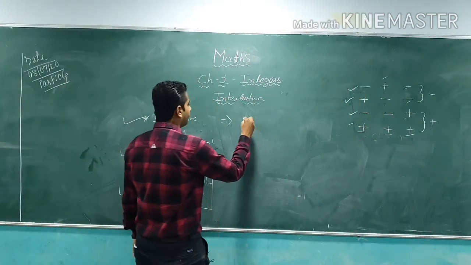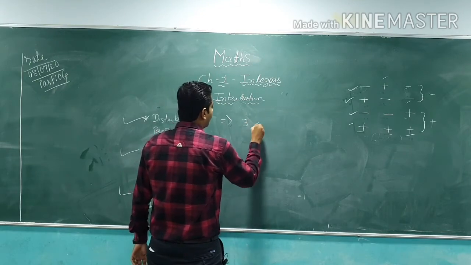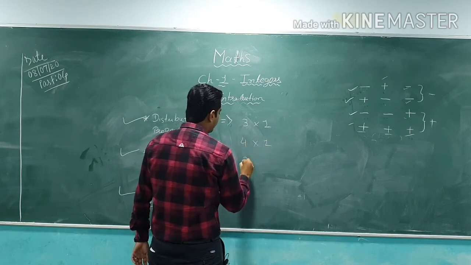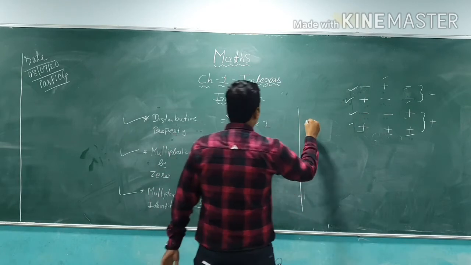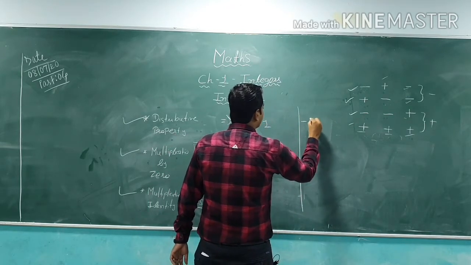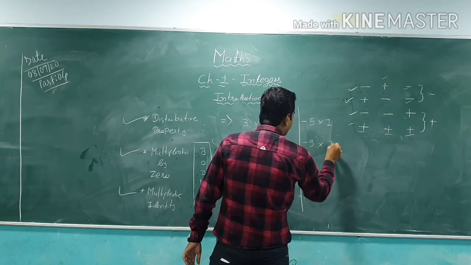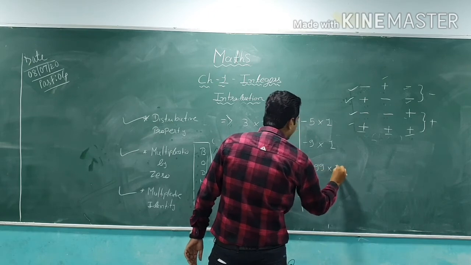Let's find out. First I multiply whole numbers with 1: 3 multiply 1, 4 multiply 1, 7 multiply 1. And the negative integers: 5 multiply 1, minus 9 multiply 1, or even minus 999 multiply with 1.